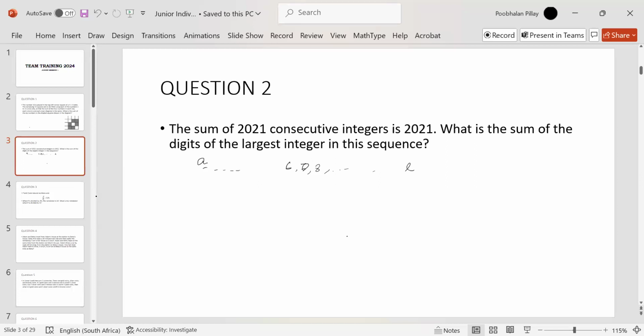We don't know how many there are. Oh, no, there are 2021. So altogether, you've got 2021 numbers like that. And the sum of all this, when you add up all these things, let's call it S.